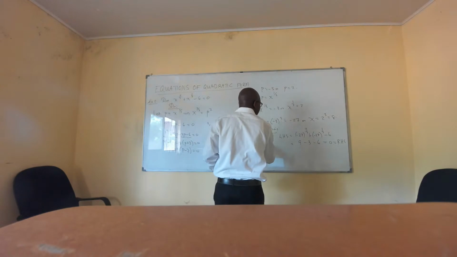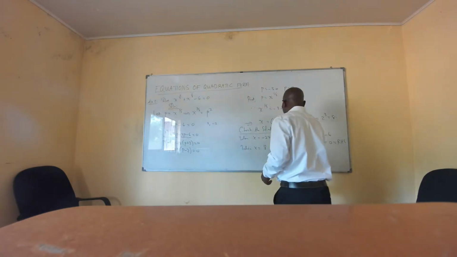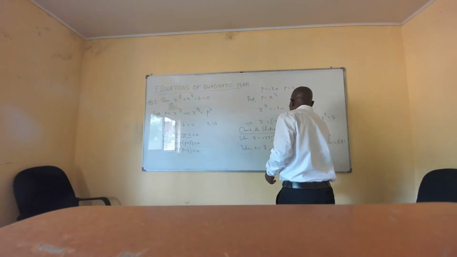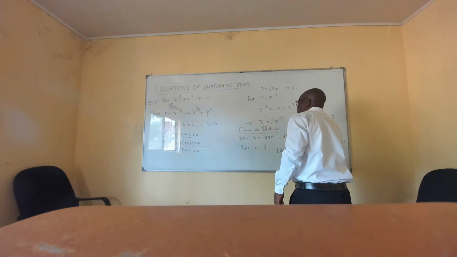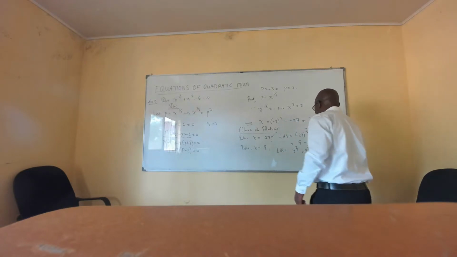When x is 8, let's see, the left-hand side of the given equation is going to be 8 to the power 2 over 3 plus 8 to the power 1 over 3 minus 6.